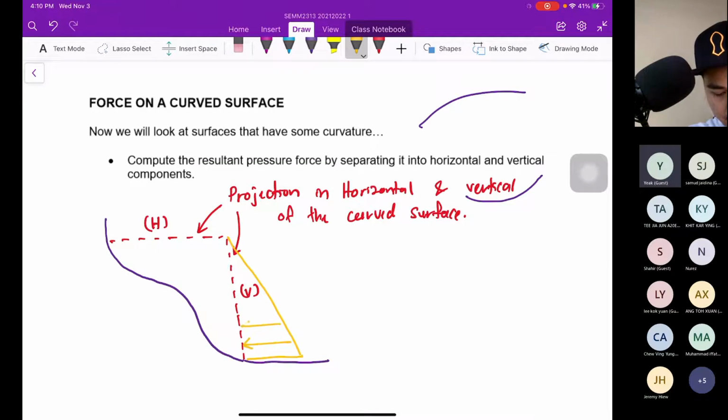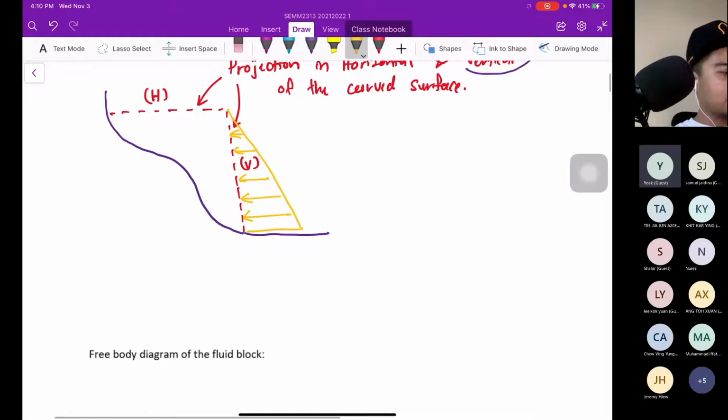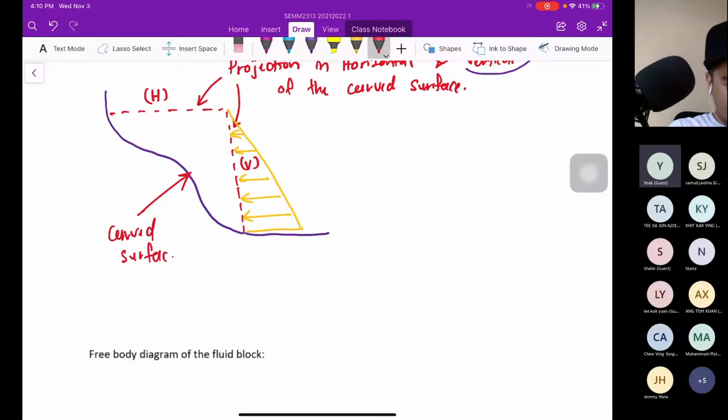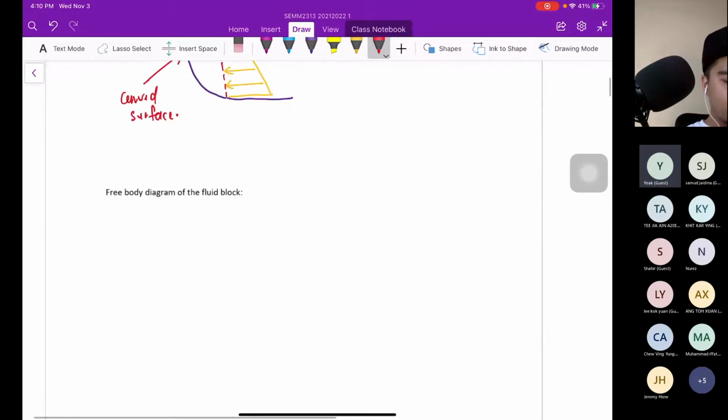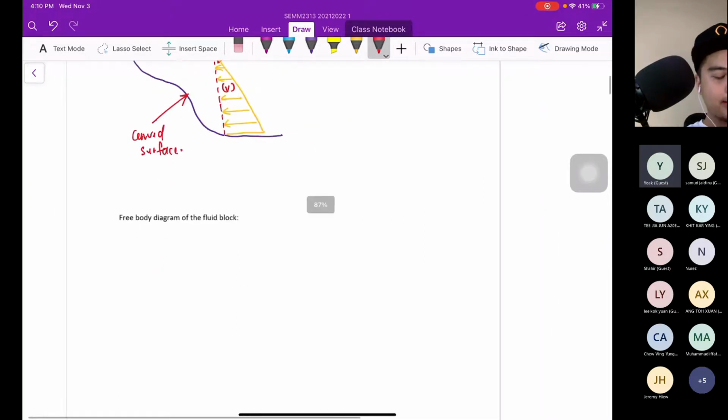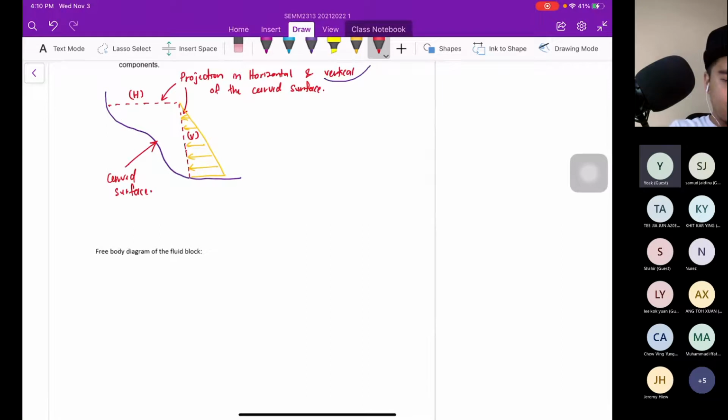So for this case, we need to consider two axes, horizontal and vertical, because this is a curved surface. When we draw the free body diagram, we must take out the curve element.